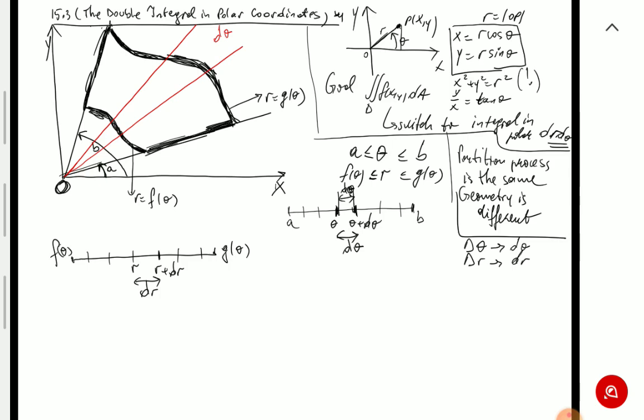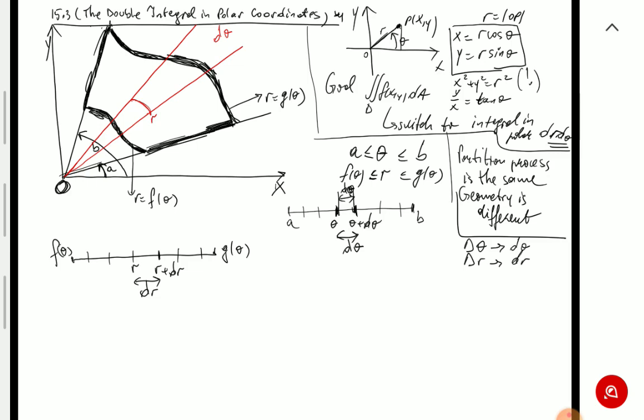So as you look at the partition corresponding to r, let's say somewhere here is r, that's going to be the portion of the curve resulting from that partition, approximated by a circle again.